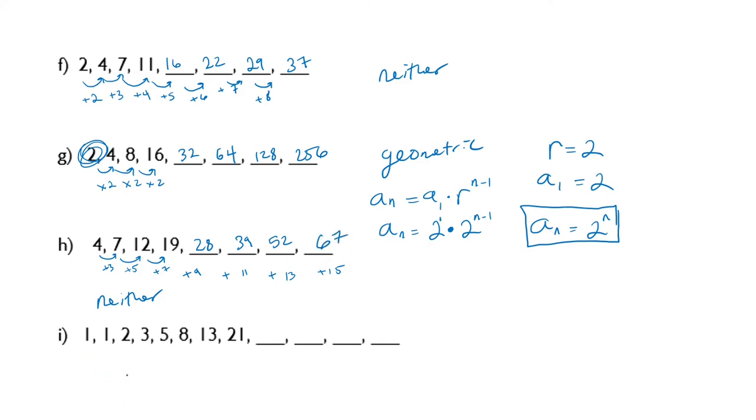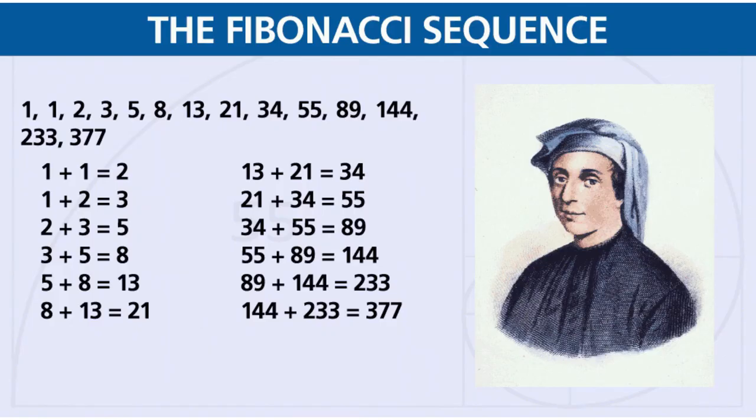And for the last one, this is a famous sequence. This is known as the Fibonacci sequence. Let's figure out the pattern. We add 1 plus 1 to get the 2. We add 2 plus 3 to get the 5.